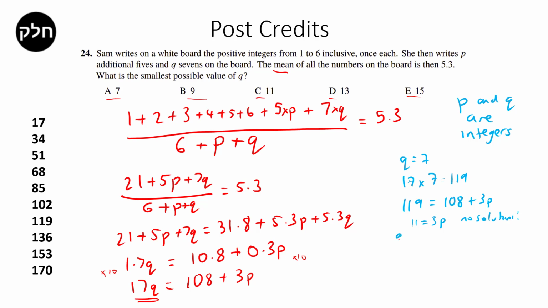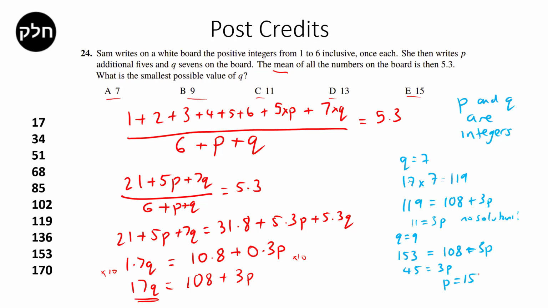So if q is 9, then we have 9 times 17, which is 153. And 153, is there a solution here? Well, here we have 45 equals 3p. And look, we have a solution. p equals 15.